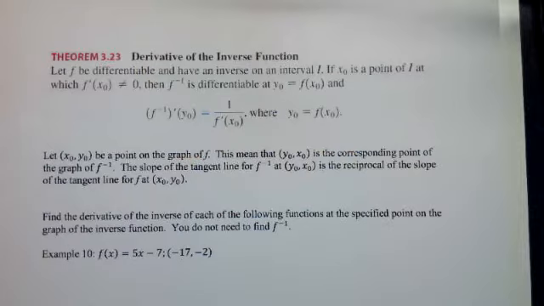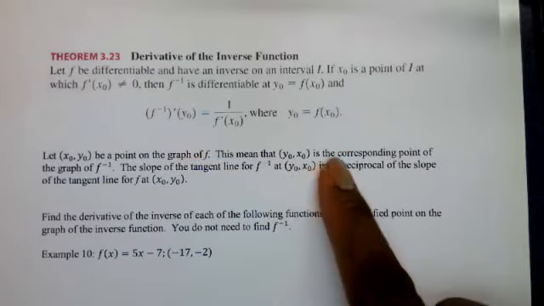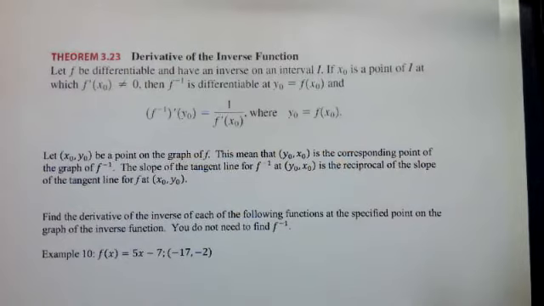So here we're going to let x sub 0, y sub 0 be a point on the graph of the function f. This will mean that y sub 0, x sub 0 is the corresponding point on the graph of f inverse.